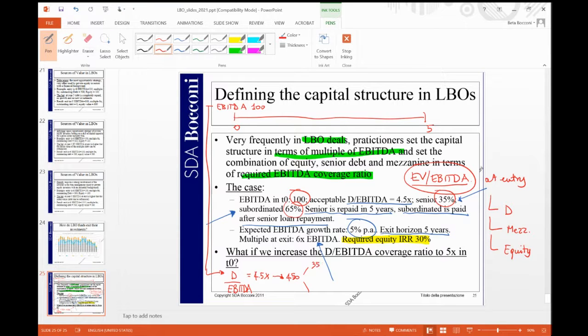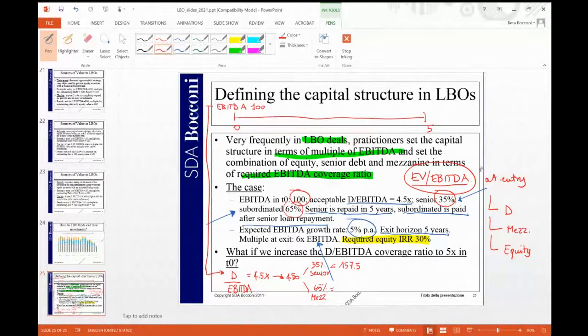So we know that 35% is senior debt, which, if I make correctly my calculation, is 157.5. And we have the remaining 65% represented by junior mezz.